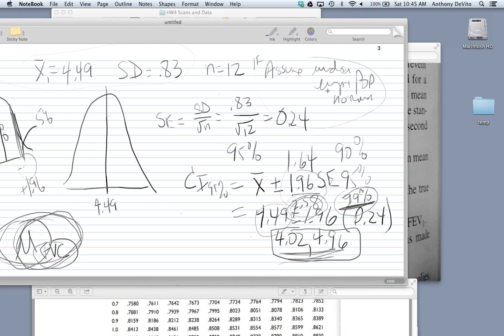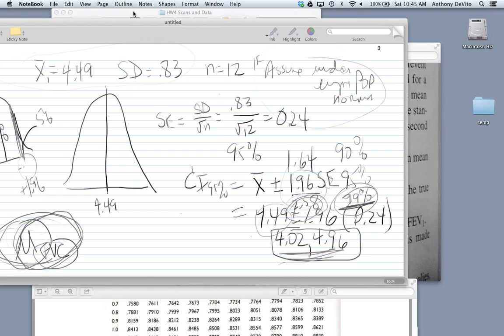And the interval becomes wider because the z-score that you're using to represent that range gets bigger. You're multiplying the standard error by a bigger and bigger number, the bigger the level of confidence that you want to have about being right about it.